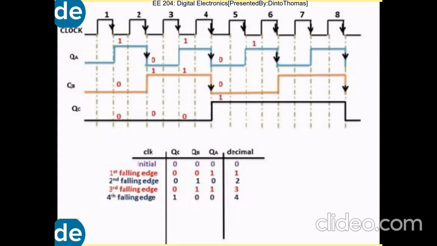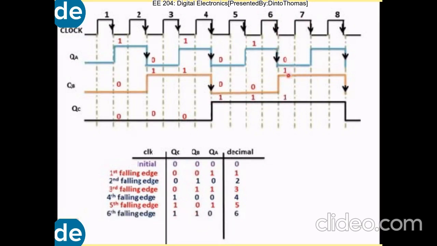In the fifth falling edge, the values of QA is now 1, QB is 0, and QC is 1. So the value is 1, 0, 1, and the decimal value is 5. In the sixth falling edge, the value of QA is 0, QB is 1, and QC is 1. So the value corresponding to this is 1, 1, 0, which is representing decimal value 6.